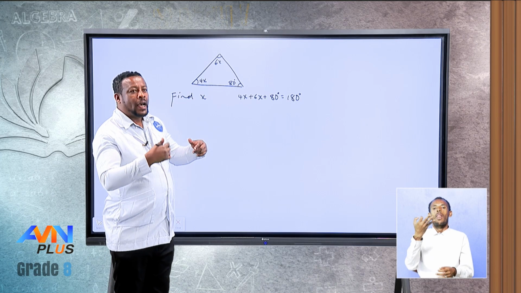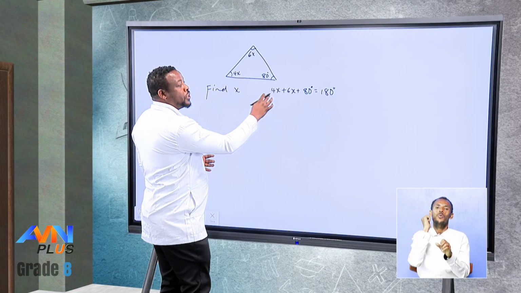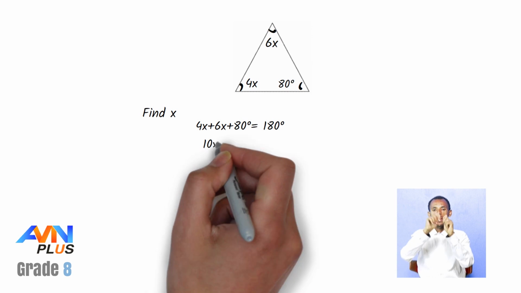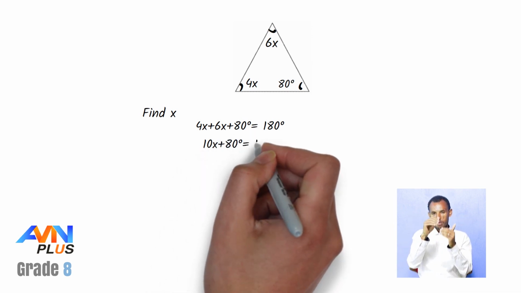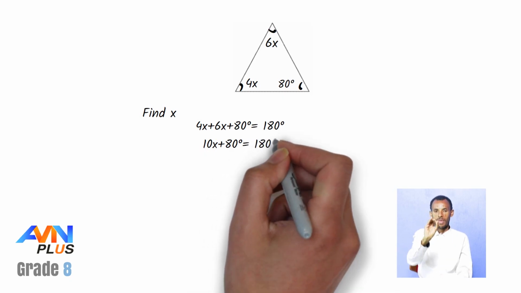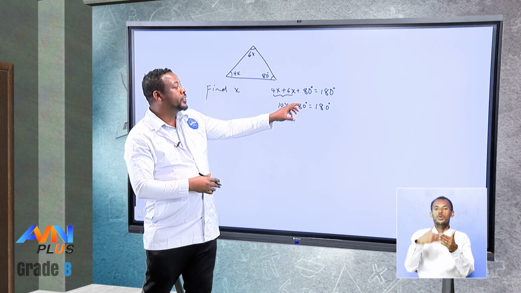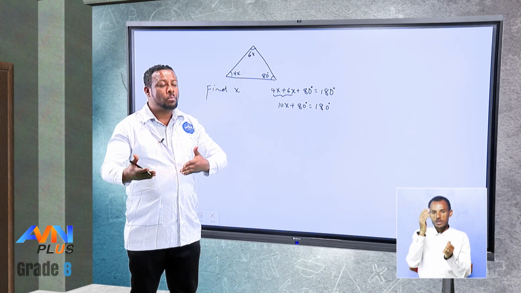Well, to find the value of x, I hope you did this procedure. You collect like terms here. 4x plus 6x is clearly 10x, plus 80 degrees is 180 degrees. Then you shift this to the right, or you can subtract the same quantity from both sides.